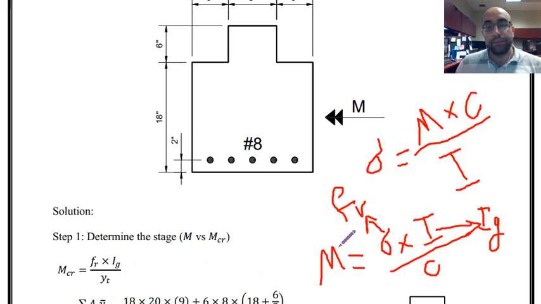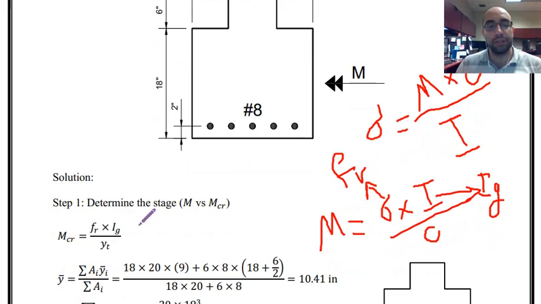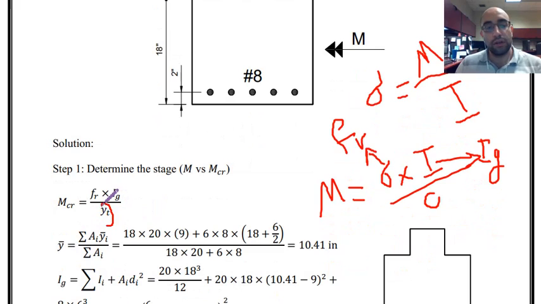As you can see, with this idea, if I don't remember the actual equation, with just the knowledge that I have from strength of material, I can come up and remember the equation that we had for cracking moment. This is the equation, and as you can see, Yt is the distance from neutral axis of the gross section to the tensile region that we are looking at.